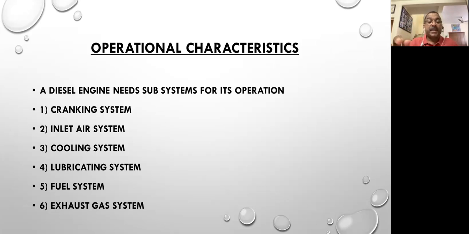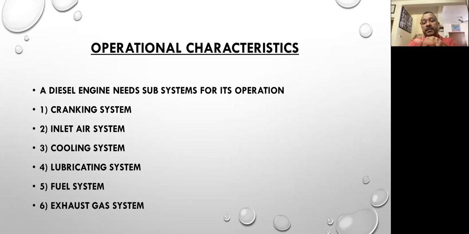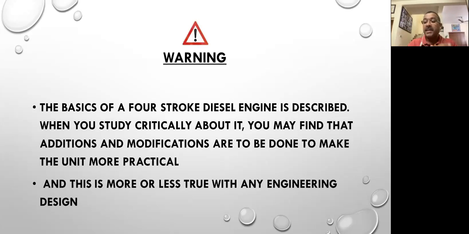One is a cranking system, then inlet air system, cooling system, lubricating system, fuel system, and exhaust gas system. These six systems are the most important systems. We will discuss these in our next class, and if you have time, you may just Google all these six systems. Sadish, next.